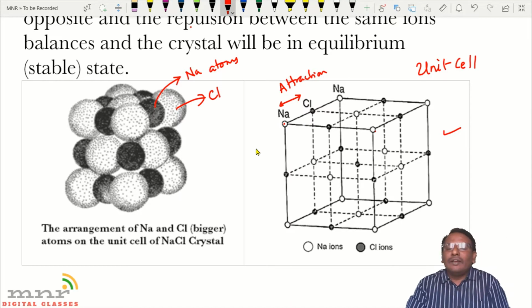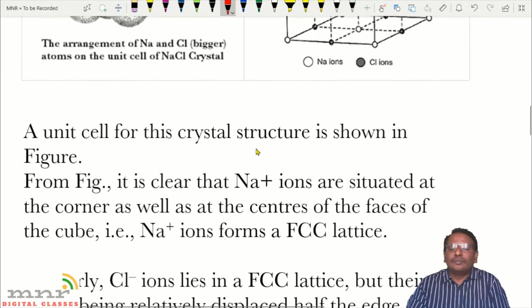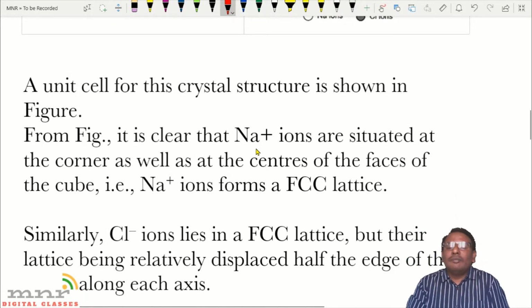Now observe here, the sodium and chlorine atoms occupy alternate positions within the cubic unit cell. From the figure, it is clear that Na+ ions are situated at the corners as well as the centers of the faces of the cube.